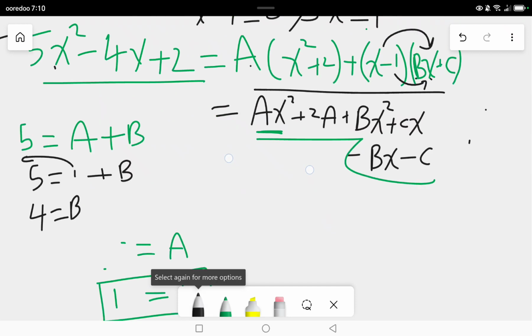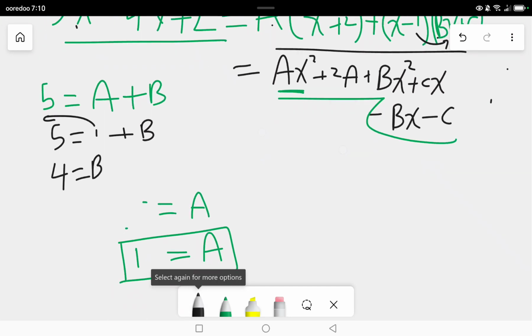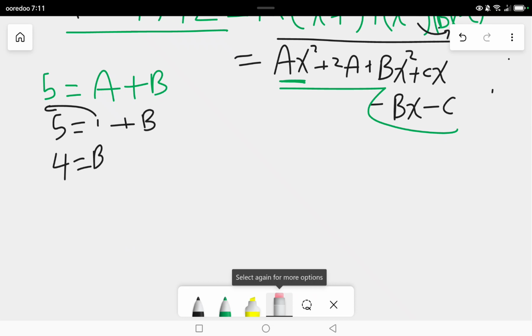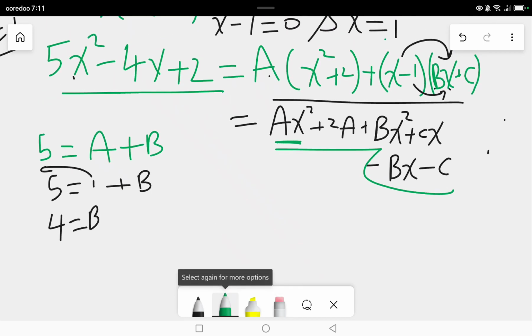So now what do I need? I need to find c. For c, we will compare the coefficients, again the same thing. Without x, on the other side we have 2, and on this side we have 2a minus c.